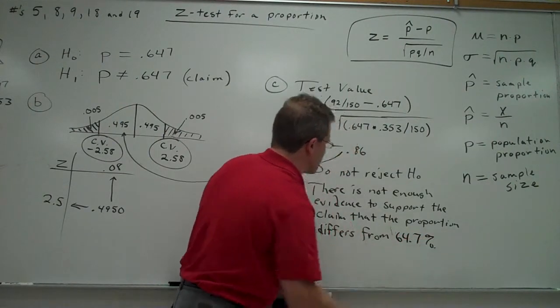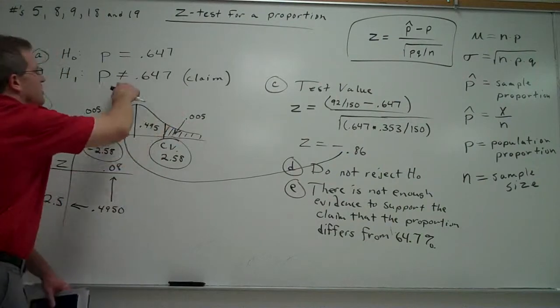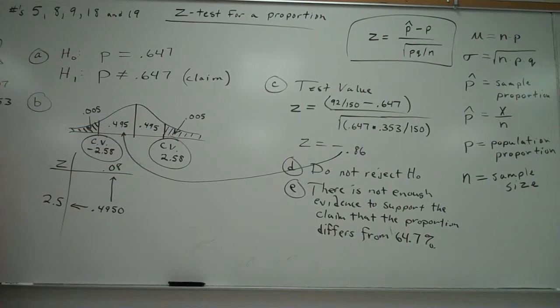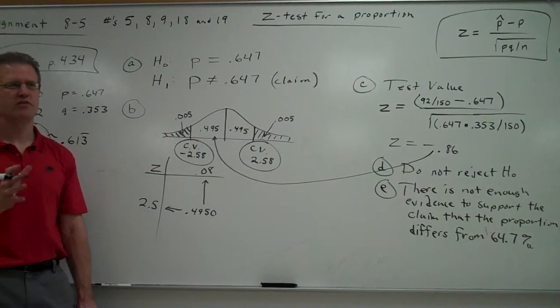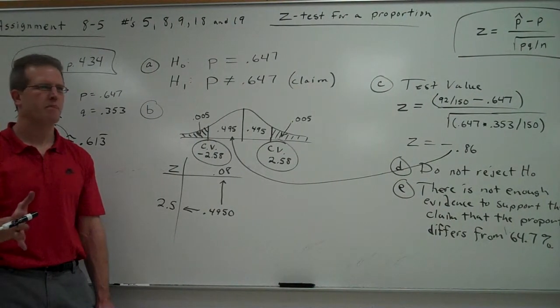Something like that. There's not enough evidence to support this claim. Now, have we proved that that claim's not true? No. But there's not enough evidence to support it, and that's all we can really say. That's good.